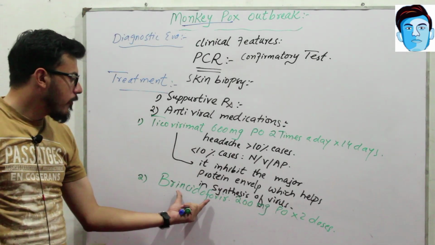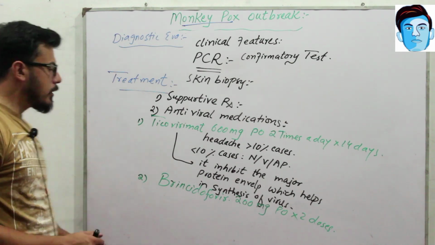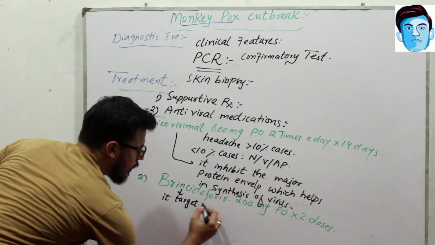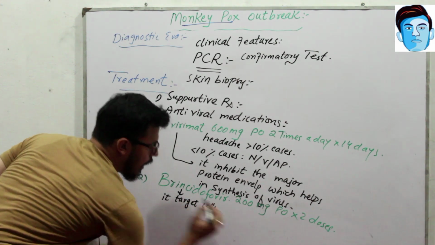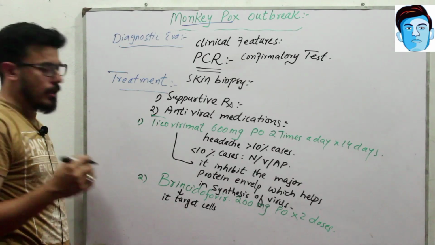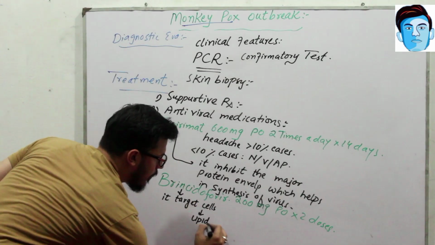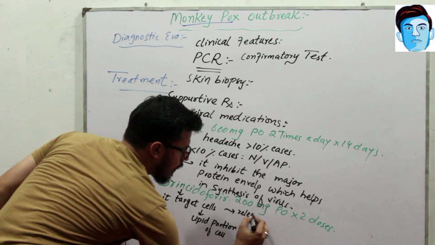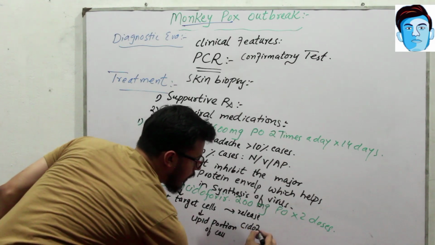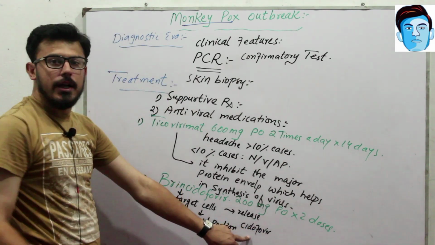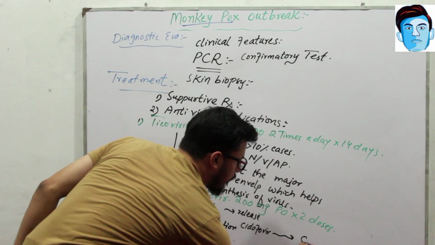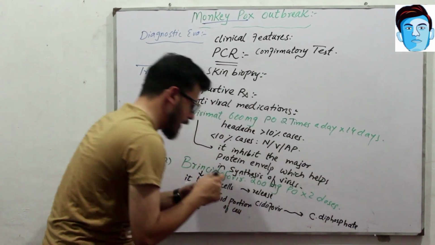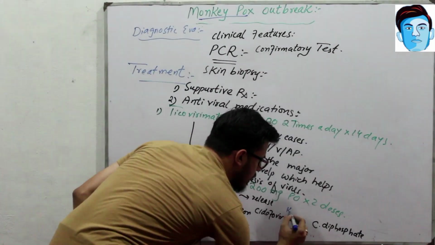Now, what is the major mechanism of action of brincidofovir? It targets the lipid portion of the cell and releases cidofovir. Later, the cidofovir is phosphorylated into cidofovir diphosphate with the help of intracellular enzymes termed kinases.